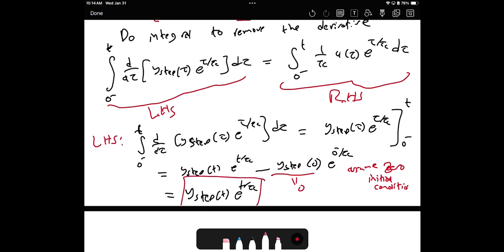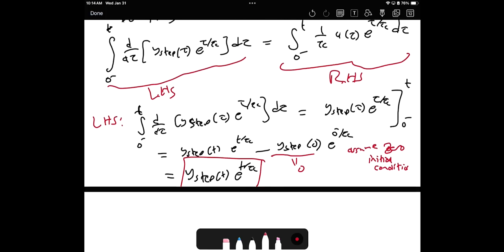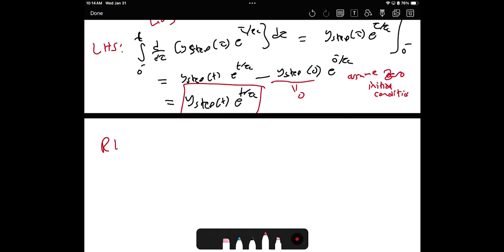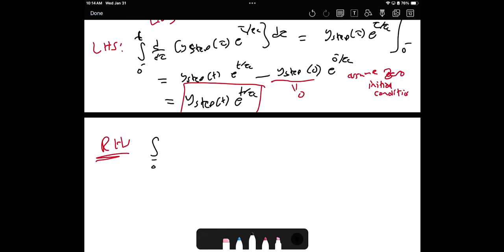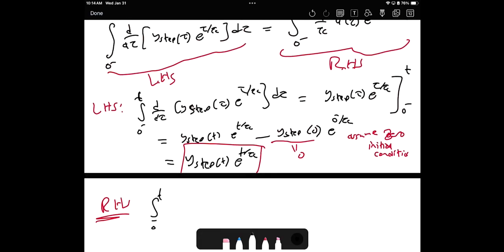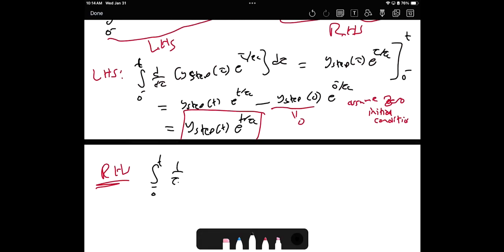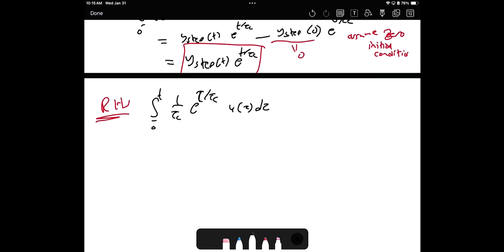Let's go with the second side, which is the right hand side. On the right hand side we have a step input. So basically, let me rewrite what it is. We need to calculate the integral from 0 to t of 1 over tau c e power tau over tau c u of tau d tau.